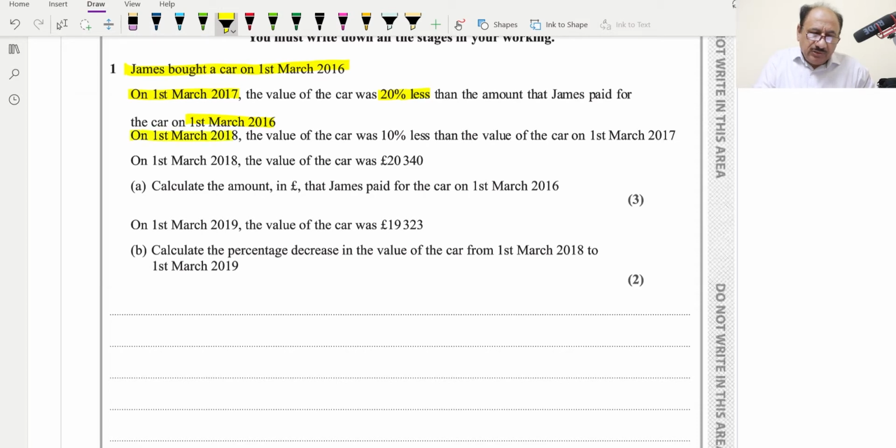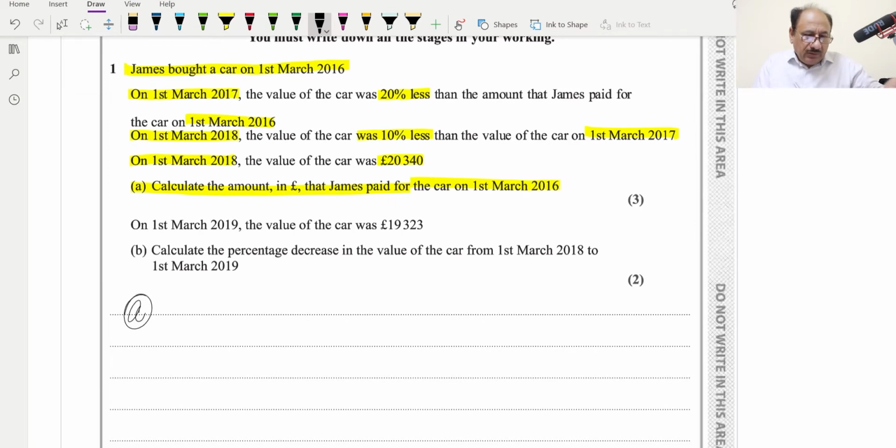On 1st March 2018, the value of the car was 10% less than the value of the car on 1st March 2017, and then on 1st March 2018 the value of the car was this much. Now calculate the amount in pounds that James paid for the car on 1st March 2016. We will do part A first, then we'll move to the B part.